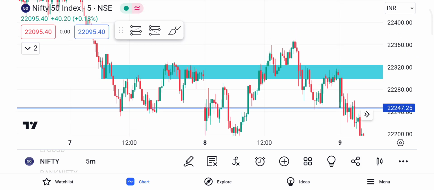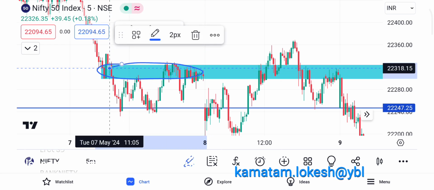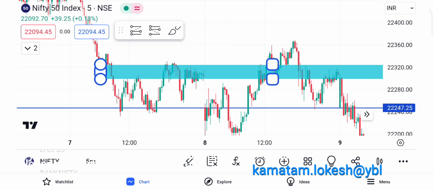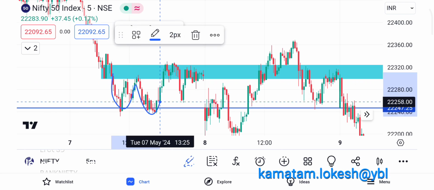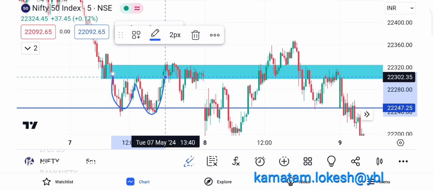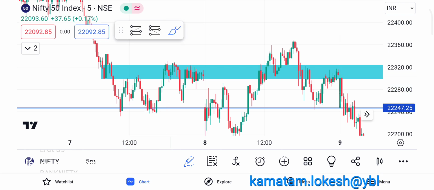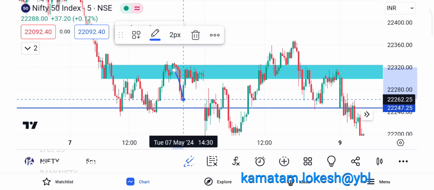But you will understand that this is the place where, when the market price comes here, you can take a possible trade, upper side or lower side. If it has done this circuit, probably people will think that from here the market may move upwards, right?